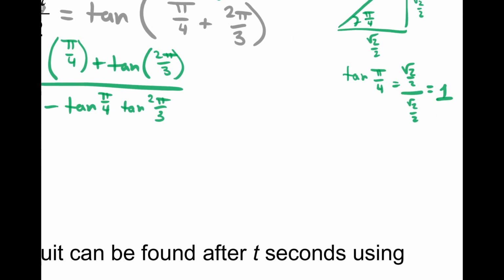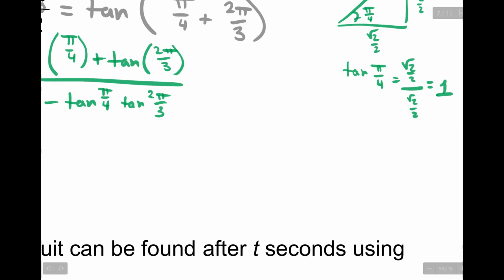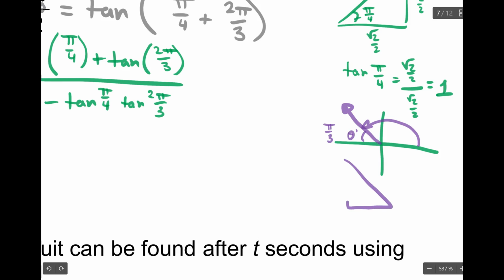I also need to figure out what tangent of 2 pi over 3 is. So 2 pi over 3 looks something like this. That's the angle, but I'm going to use the reference angle, which is going to be pi over 3. This is a 60 degree angle, pi over 3 is 60 degrees. Across from 60, square root of 3 over 2. Of course, this is a 30 degree, across from that is 1/2.